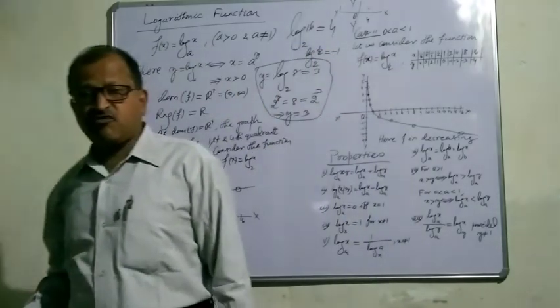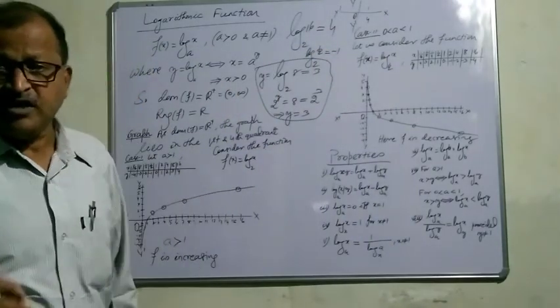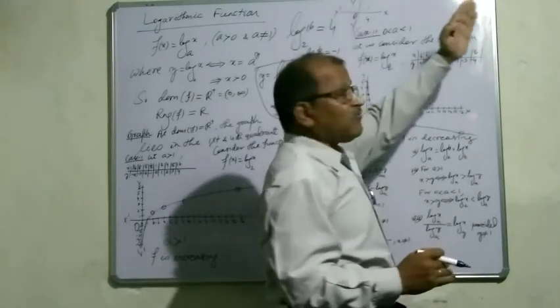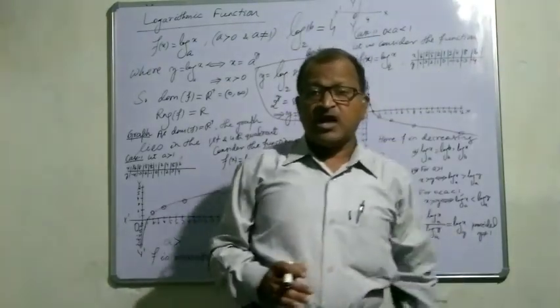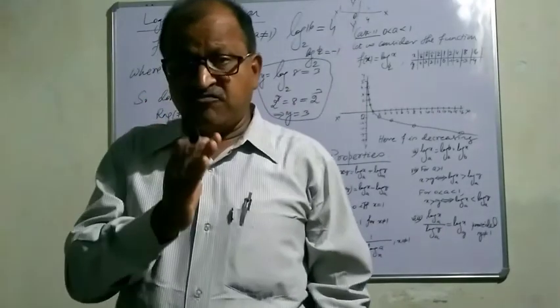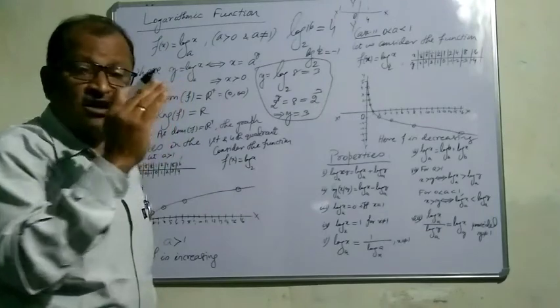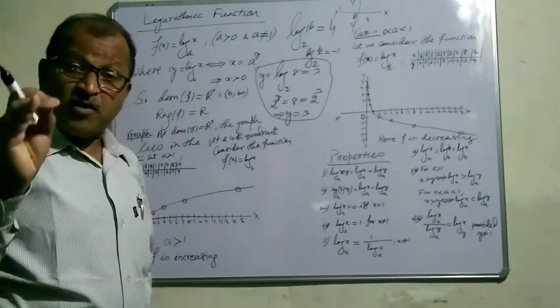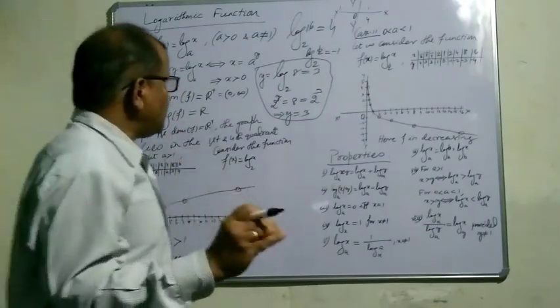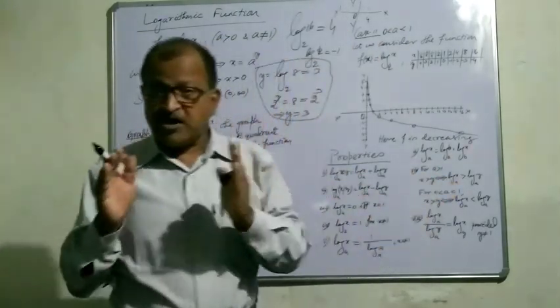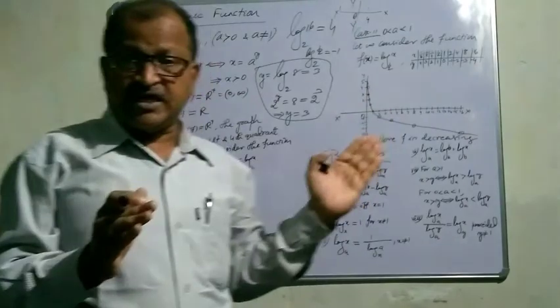So the graph of the function will lie to the right of the y axis, in the first as well as the fourth quadrant. No part of the graph will lie to the left of the y axis, that is, in the second and third quadrants.